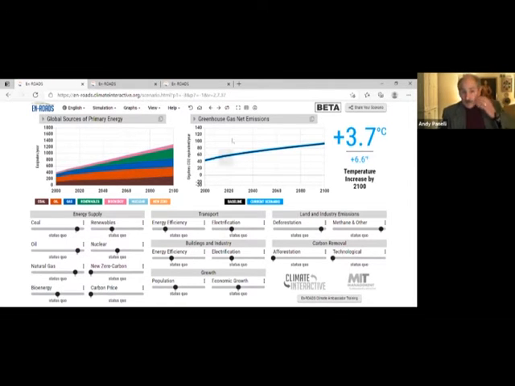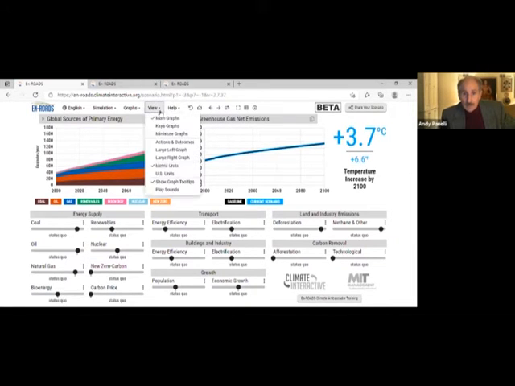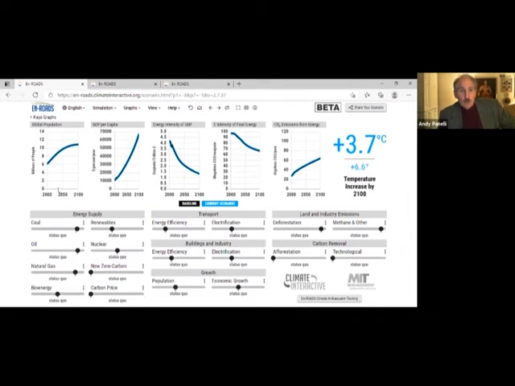And just to lift the hood for a second on this wonderful tool, what's driving it is, we have loaded in here global population growth from the United Nations. We've got GDP per capita projections from the World Bank.